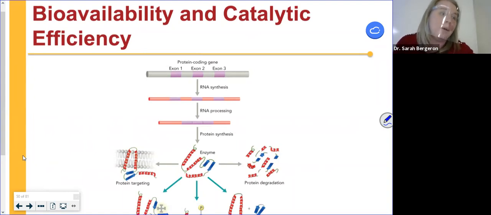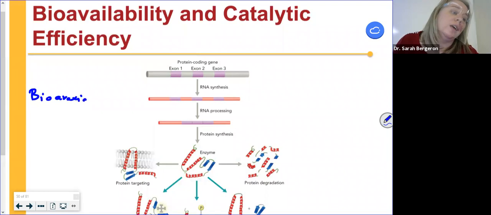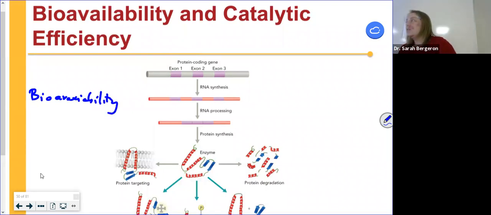So let's first talk about bioavailability. What did we say were some of the things that controlled bioavailability? When we go from DNA to what to get to protein? DNA to RNA.